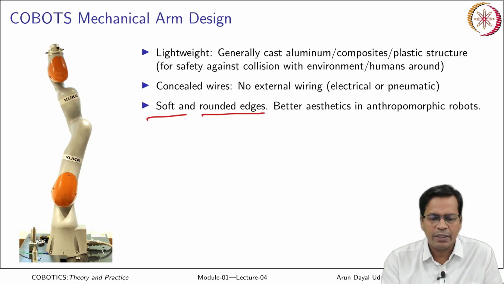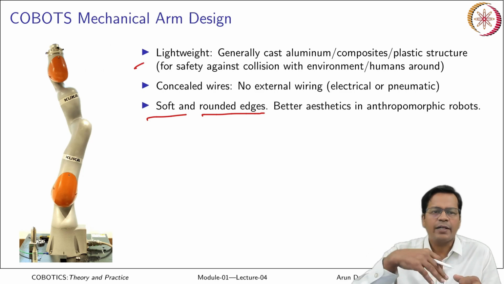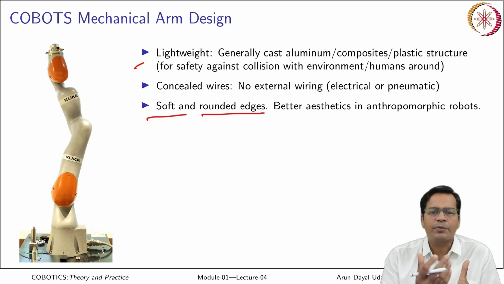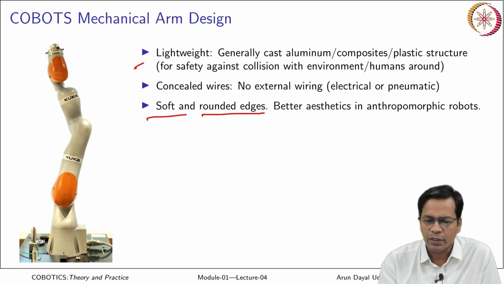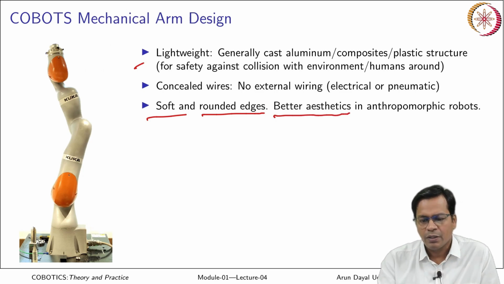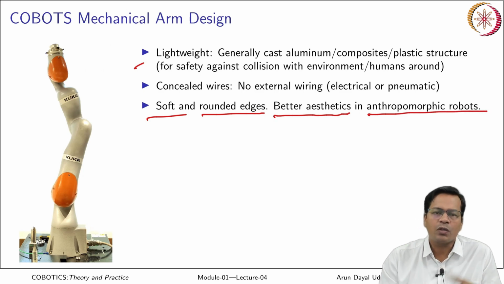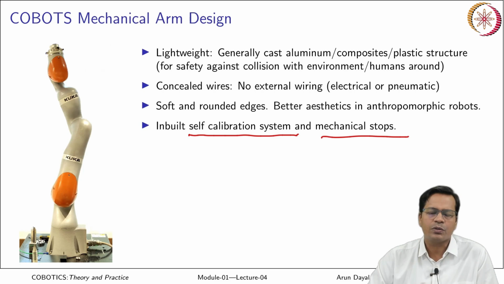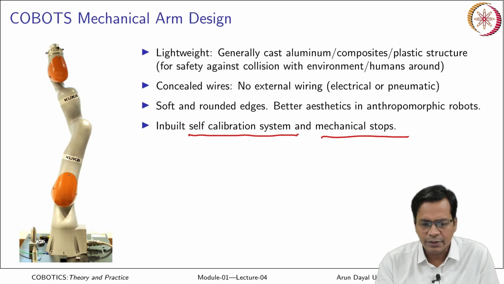Soft and rounded edges. Because of the material it is soft, and it should also have an aesthetic design with rounded edges, so nothing can get trapped in the edges of the robot. In the case of an anthropomorphic robot, it should also look like a human, so it is even more aesthetically pleasing. It has an inbuilt self calibration system, and there are no external mechanical stops, they are inbuilt into the robot joint, because those can have edges and places where something can get stuck.